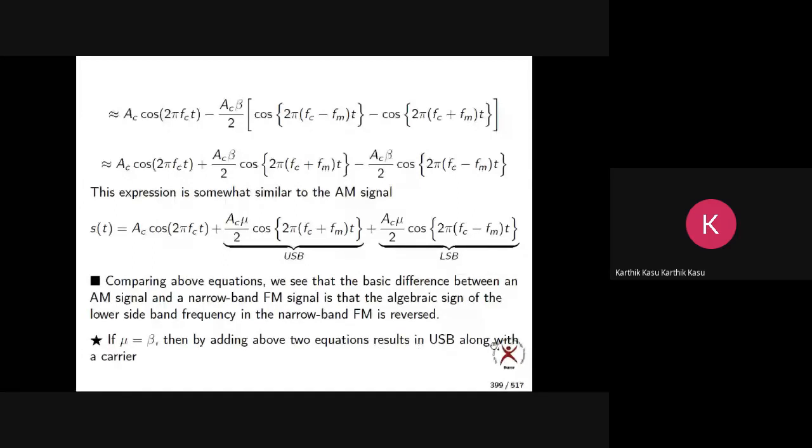That is very important. So if we add the narrowband FM signal and the AM signal, assuming mu equals beta, the resultant has a carrier and an upper sideband. It removes the lower sideband. You are only left with an upper sideband and a carrier having double the amplitudes. Okay.